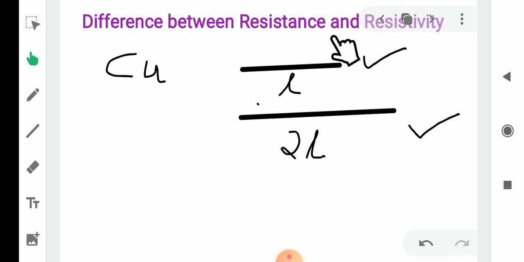Resistance and resistivity are not the same. Resistivity depends on nature, where it is different for different materials. But for resistance, as the length increases, even for the same material, copper, resistance increases, but resistivity is constant for both.